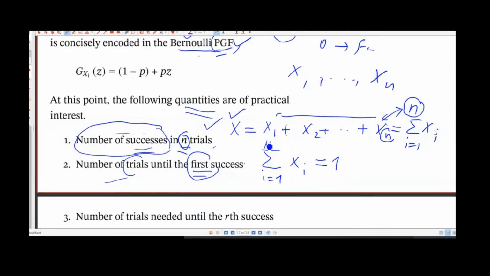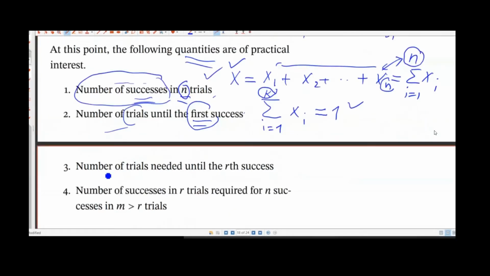अच्छा, आगे जाएं. अभी मैं सॉल्व नहीं कर रहा, मैं आपको सिर्फ जरा दिमाग खोल रहा हूं कि कैसे ये चलेगा. ये नंबर ऑफ ट्रायल्स नीडेड अंटिल द rth सक्सेस. तो ये क्या होगा? Sum i from 1 to R, xi equals to r.